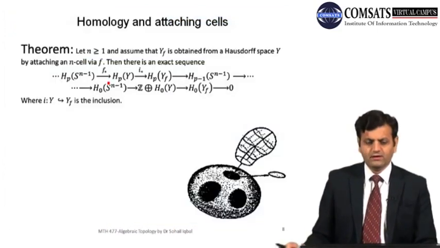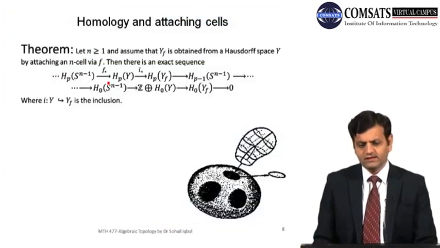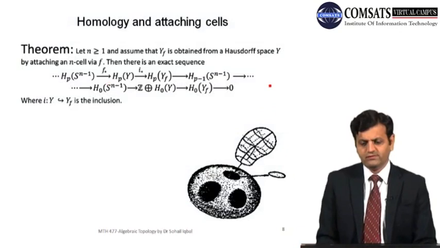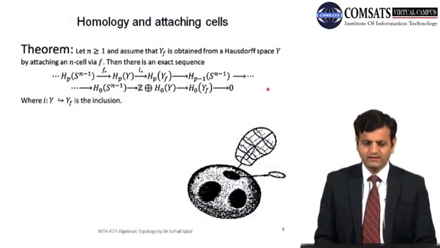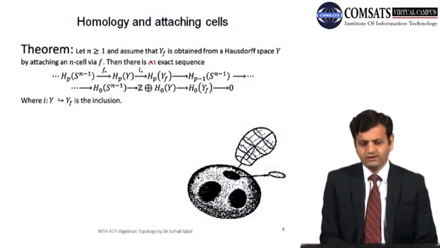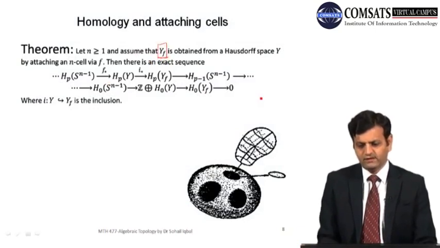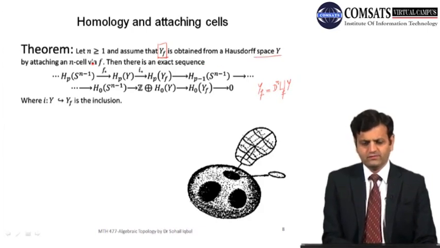Next we are going to see how this procedure of attaching a cell helps us in calculating the homology. Consider this space Yf, and we have already seen what Yf is. Basically this is equal to attaching an N cell with Y via this map f, where Y is of course a Hausdorff space.